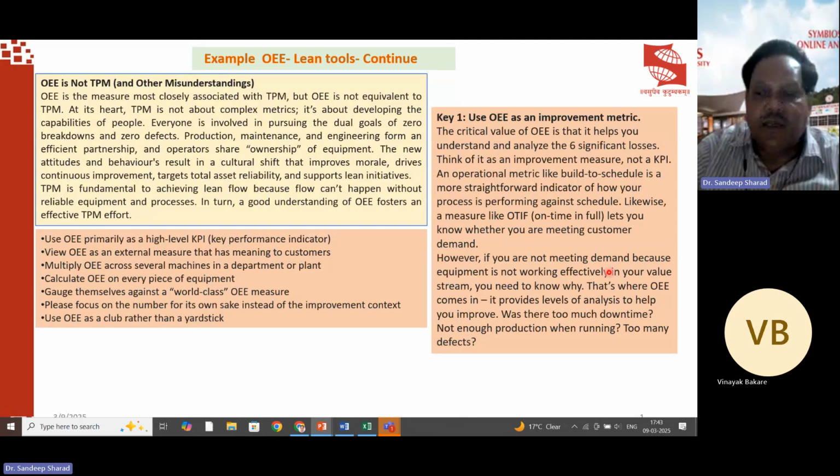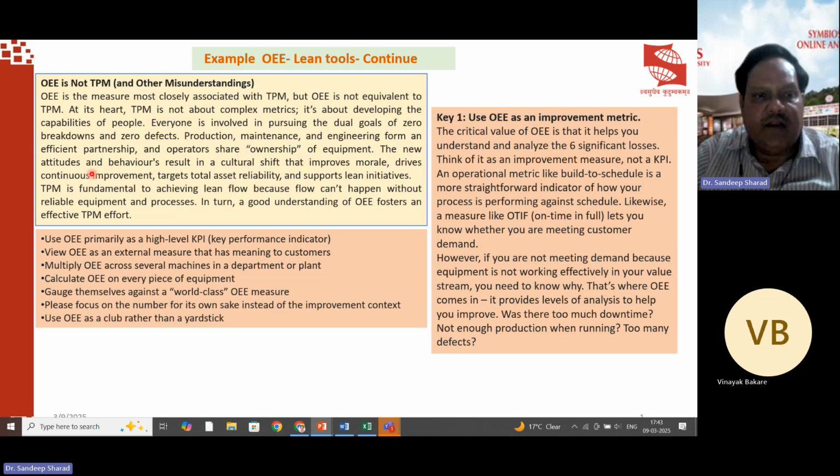OE is the metric most closely associated with the TPM, but OE is not equivalent to the TPM. TPM is not about complex metrics, it's about developing the capabilities of the people. Everyone is involved in pursuing the dual goal of zero breakdowns and zero defects. Production, maintenance, and engineering form an efficient partnership, and operators share ownership of the equipment.